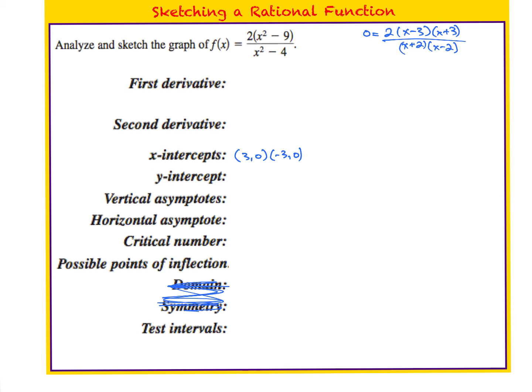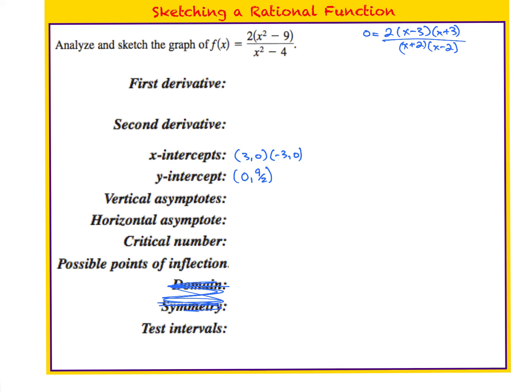All right, y-intercepts. What do I substitute in? 0 for y. Oh, 0 for x, I'm sorry. So if I substitute in 0 for x, I get 2 times negative 9 up top, which is negative 18 over negative 4, which can simplify to what? 9 halves.